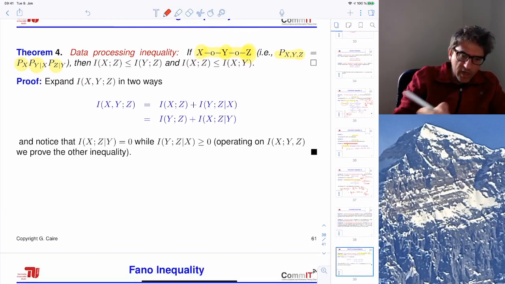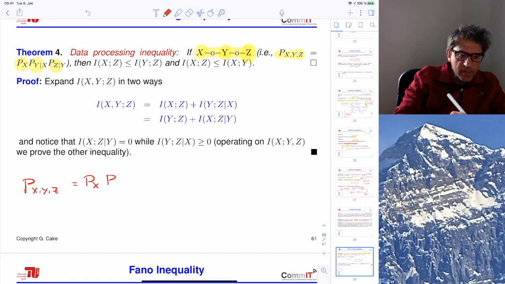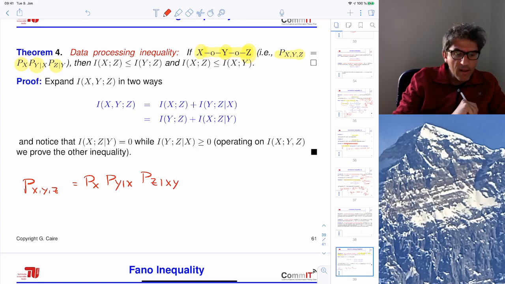The general telescopic property would say P_XYZ factors into P_X, P_Y given X, P_Z given X and Y.